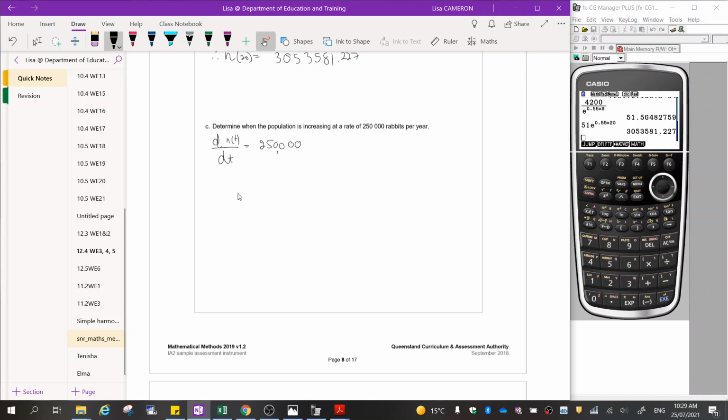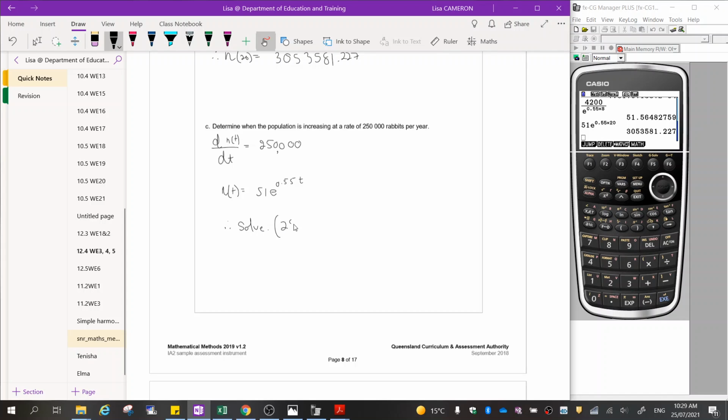Okay, that means that this is probably something we can do using solve. You could do the derivative, work it out from there, but we already know that N(t) is equal to 51 e to the power of 0.55t, and we're solving for t, therefore solve.